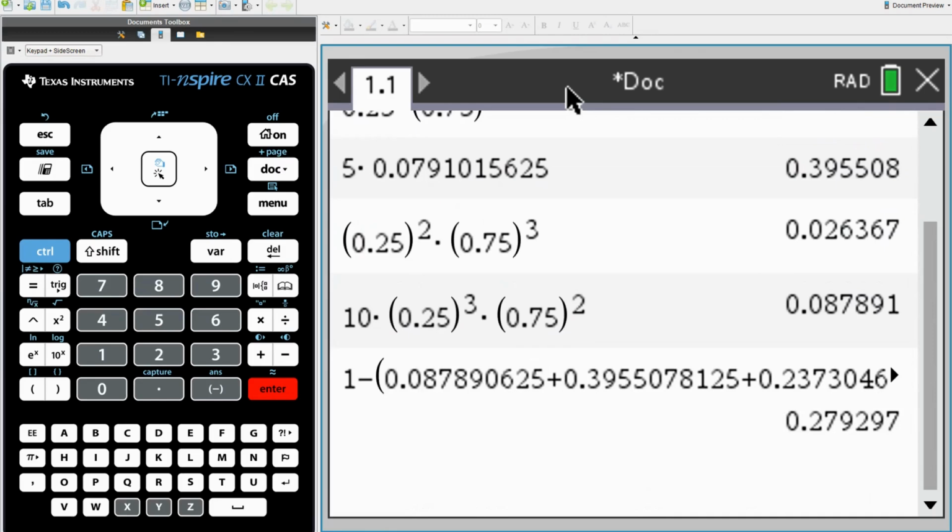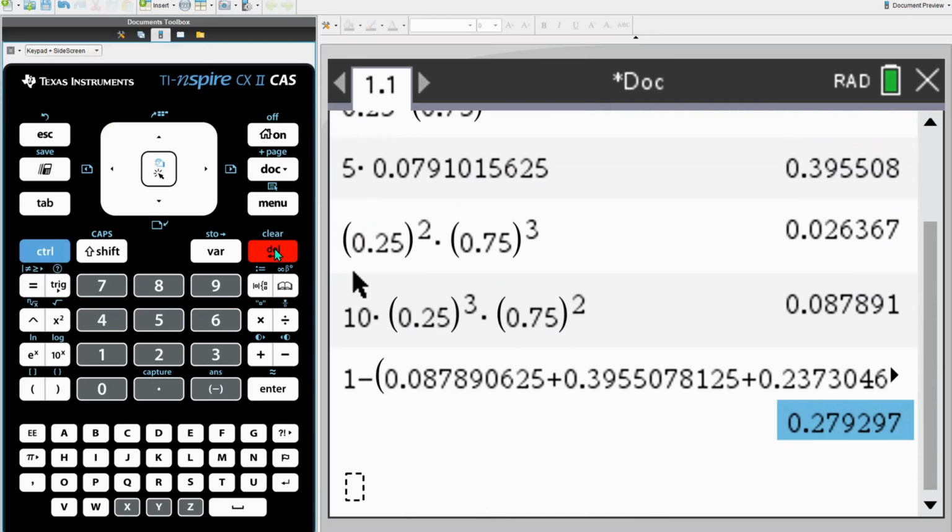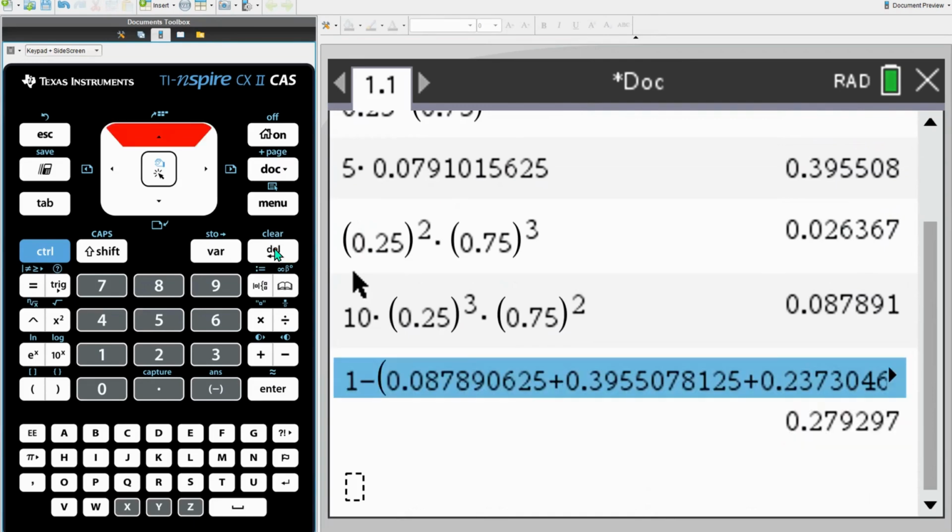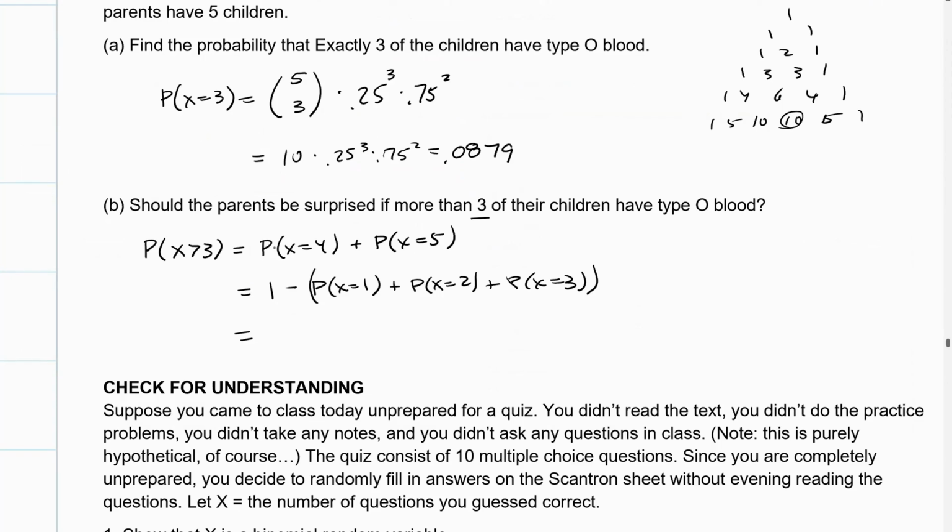And I'm missing something here. Plus the probability of exactly 0, forgot that one.